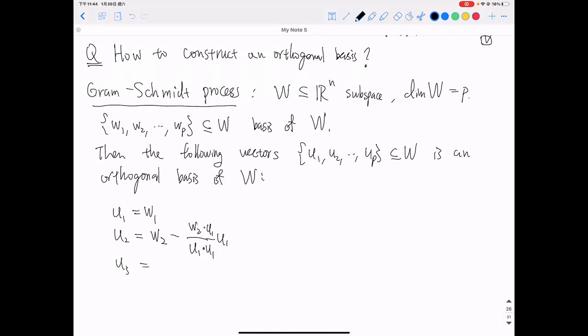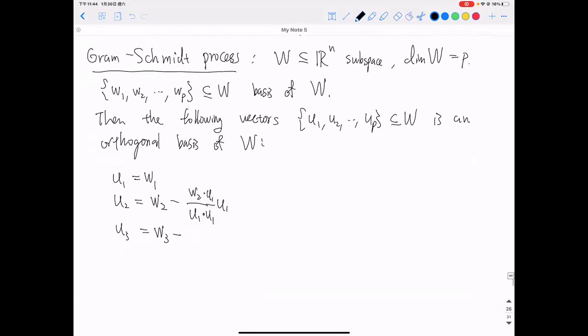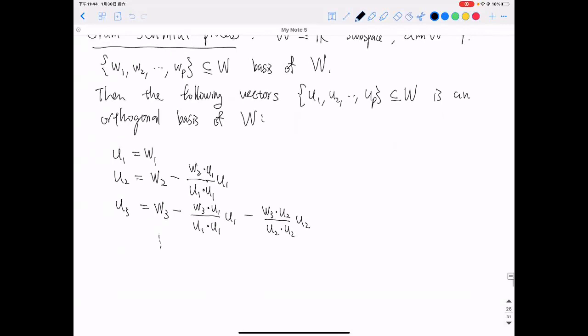U3 is obtained from W3 by subtracting the following things: W3 dot U1 over U1 dot U1, times U1, minus W3 dot U2 over U2 dot U2, times U2, and so on.